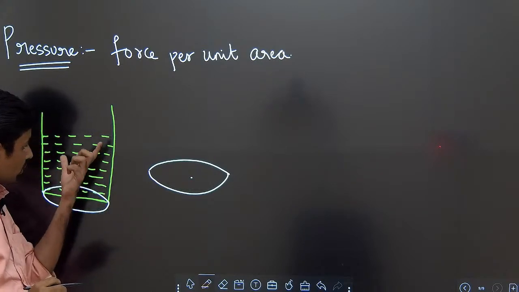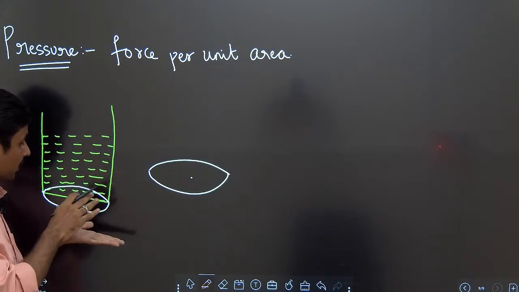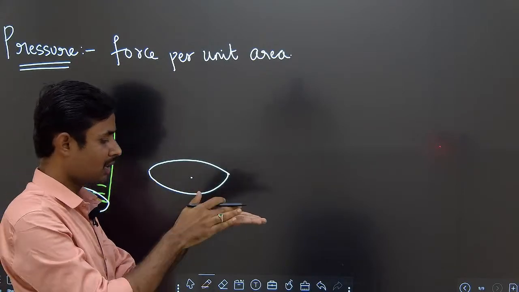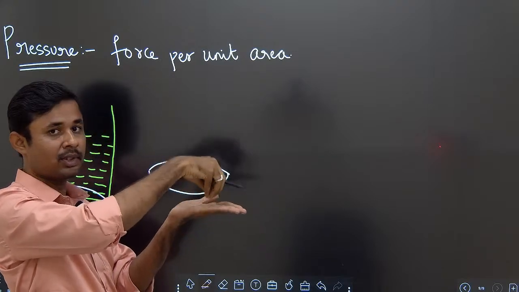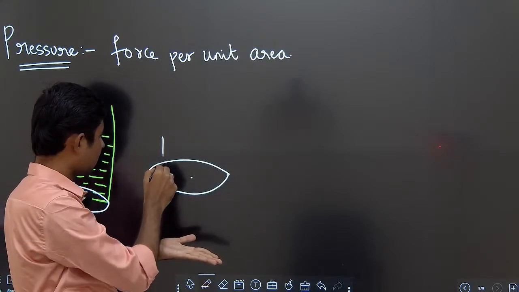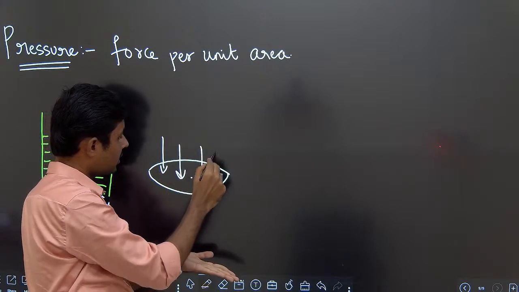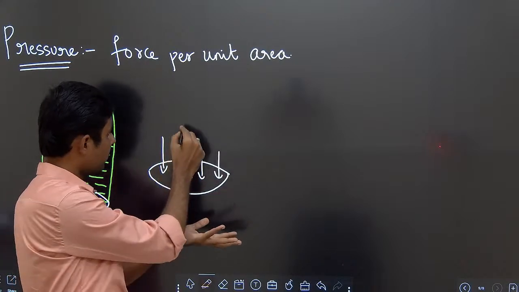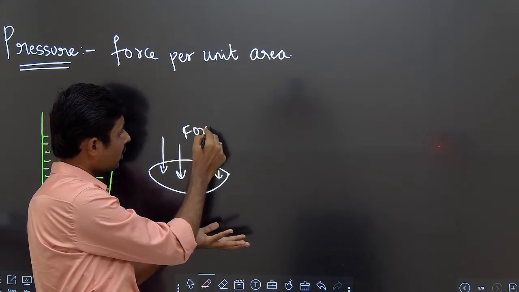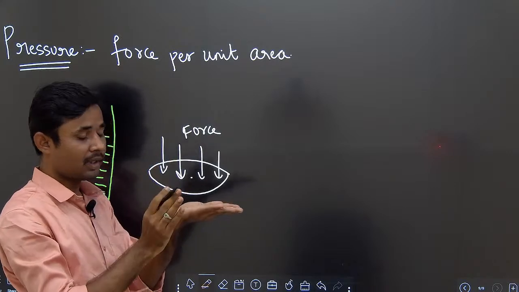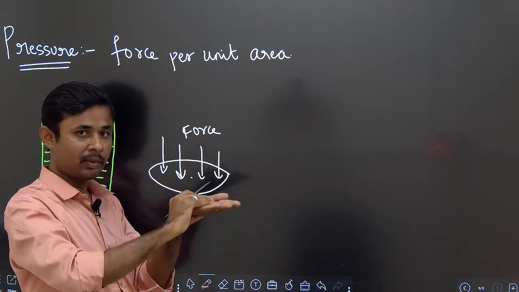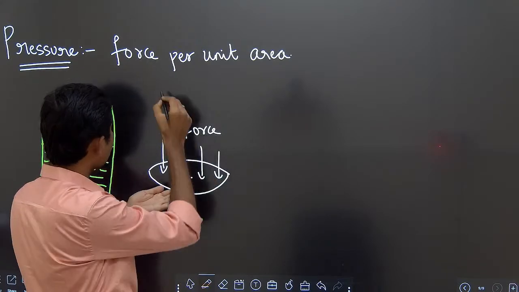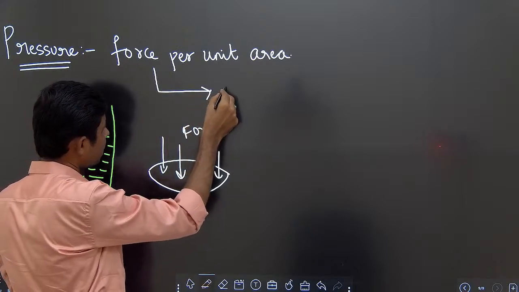The fluid is exerting pressure on the surface. Let us consider it as a base. The fluid is exerting force on the surface. The force is acting external to this bottom surface, so that's why the force is an external force.